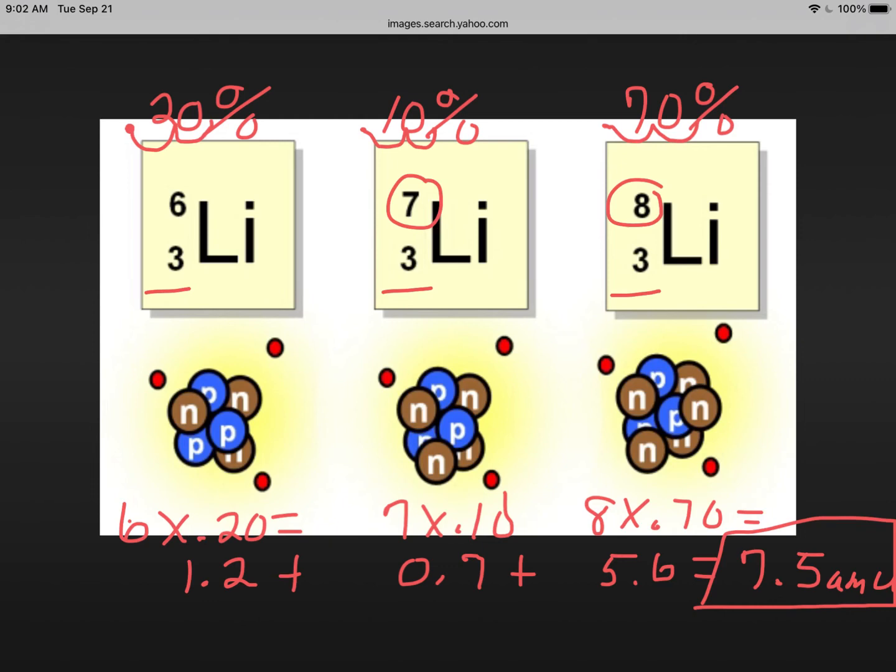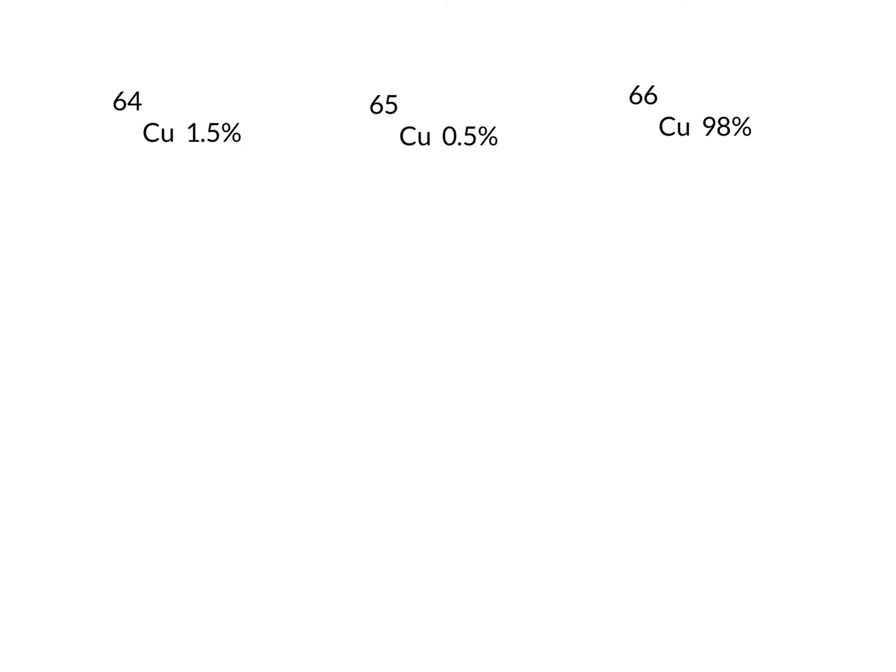Okay. All right, so you're going to tell me what to do. Here's an example. You have an isotope of copper 64, 65, and 66. And you have the percents. So tell me what to do.